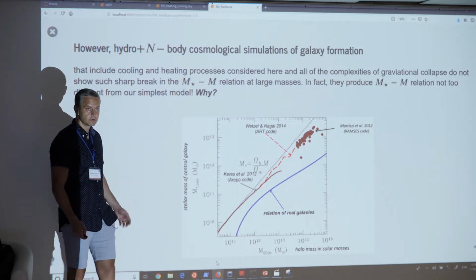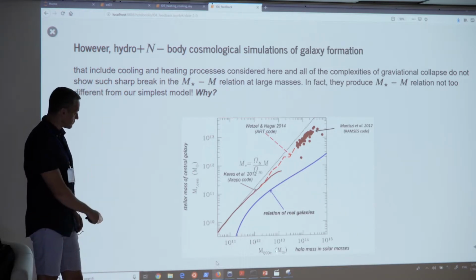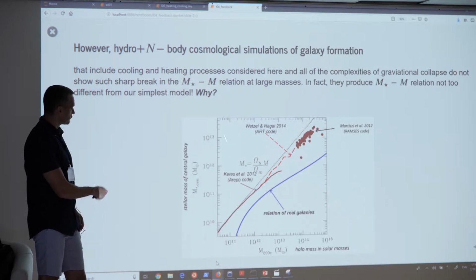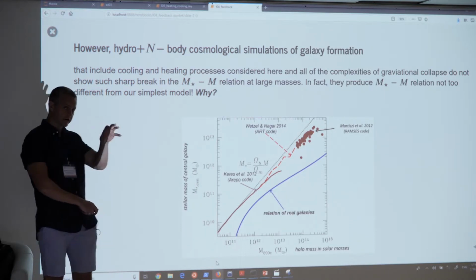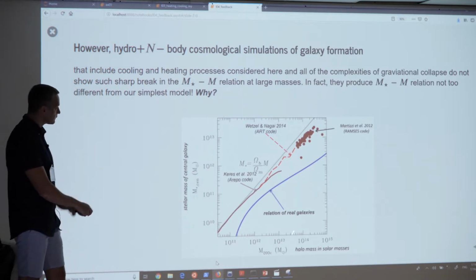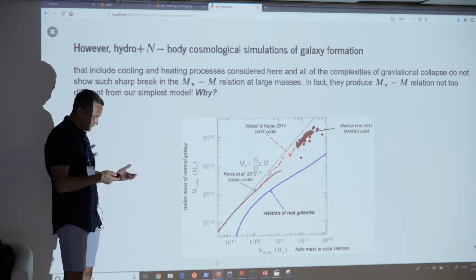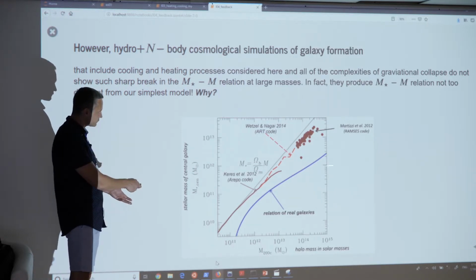And the baryon mass in hot gas is taken into account? It's total mass. It's everything. It's the total halo mass, and this is just the stellar mass. No, this is the stellar mass of the central galaxy. So this is a relation between the stellar mass of the galaxy that lives in the center of the halo and the total halo mass. I'm just saying, remembering that in clusters and groups people find masses of about 10 to the 12.